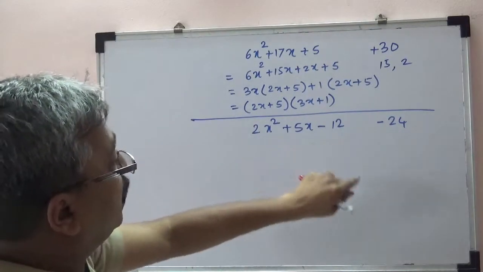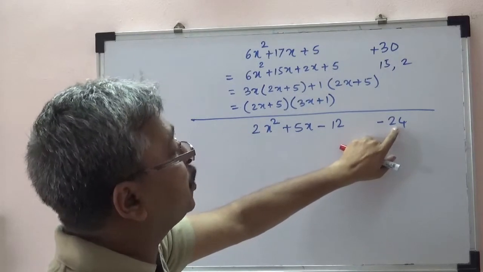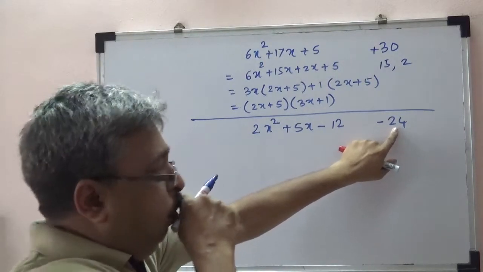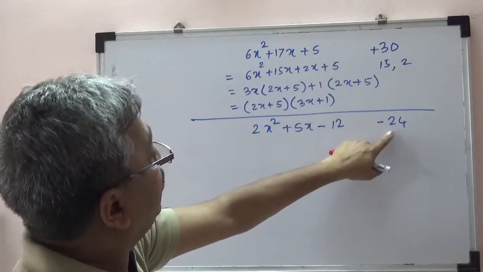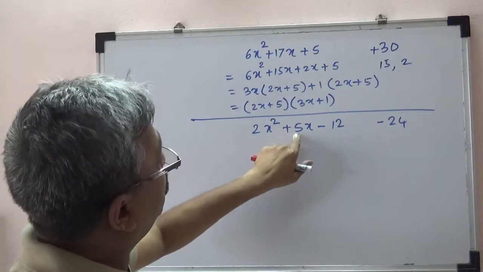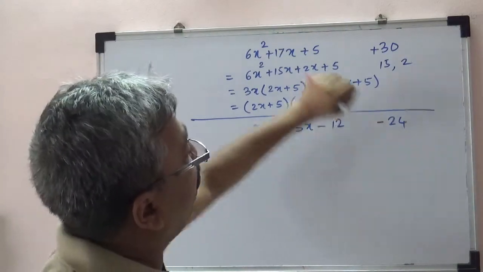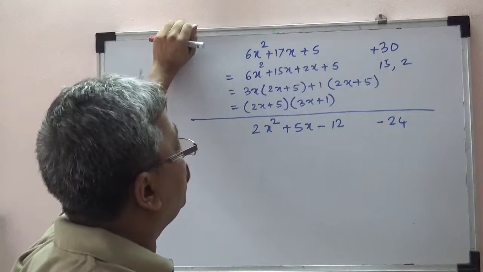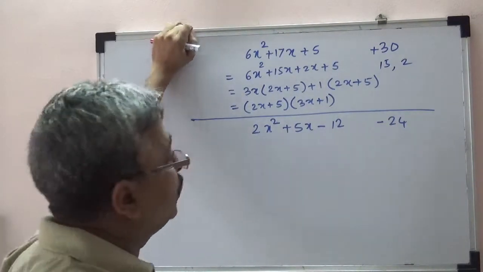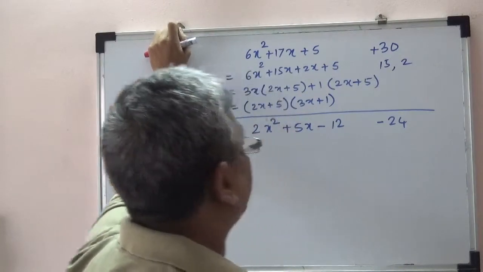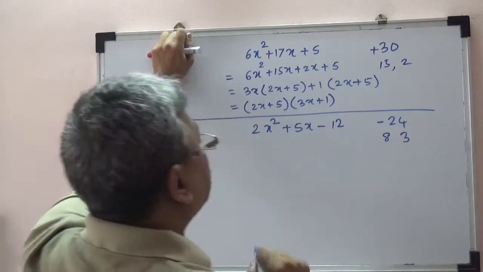Therefore one number will be positive, another will be negative, where the bigger number is positive and the smaller number is negative. Therefore I need to find two factors of 24 whose difference is 5. So I get 8 and 3, whose difference is 5.